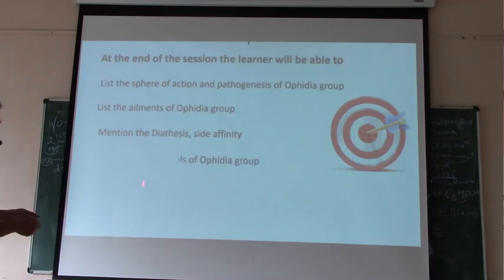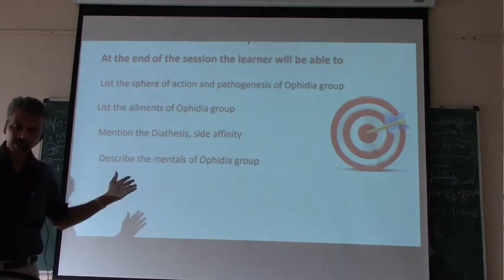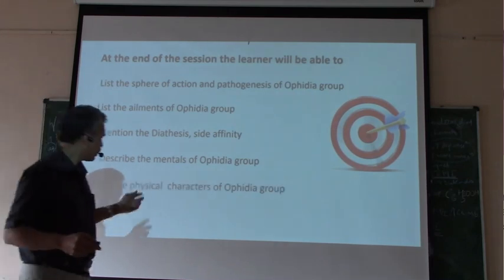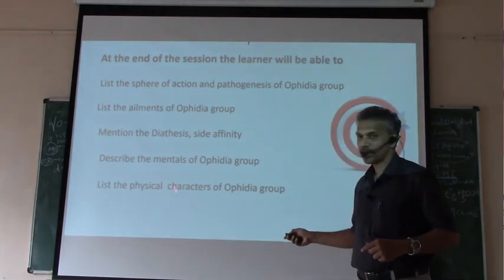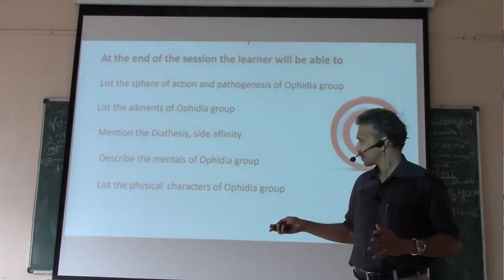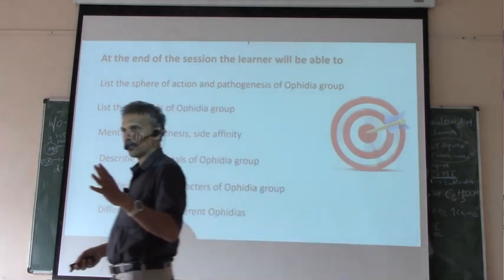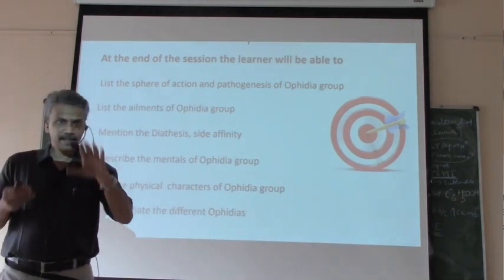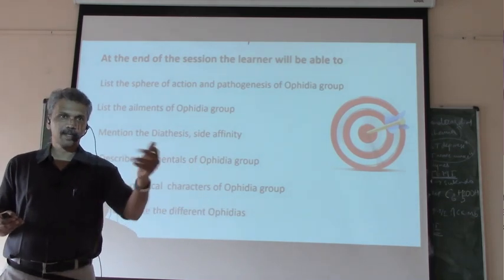Okay, and as we go further, maybe in the next class, we'll try to understand the mind or the mentals of Ophidia, and slowly we'll also look at the physical characters or physical generals of the entire Ophidias, and wherever there is a scope, I'll try to explain the cases where I have used Ophidias in my clinic.